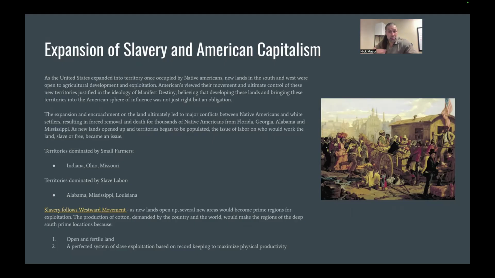Well, the banks start to notice this. And they're like, well, okay, so I can loan you this money at a certain interest rate. You buy more slaves, produce more, you pay this loan back, and you get more production, you make more money too. That system of using documentation, quantitative documentation, to be able to maximize the yields based off of physical labor is the basis of our capitalist system.